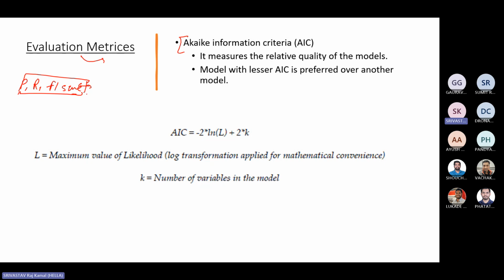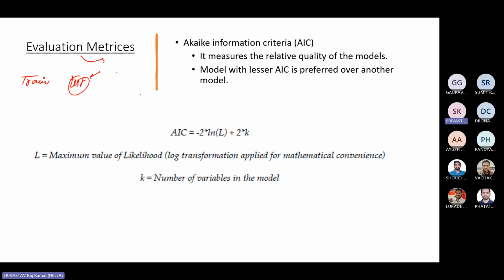Okay, so let's wind up today's session with Akaike information criteria. Sometimes what happens is there are two aspects: train and test. We have already seen metrics based on test data, where we can see which model is performing better.